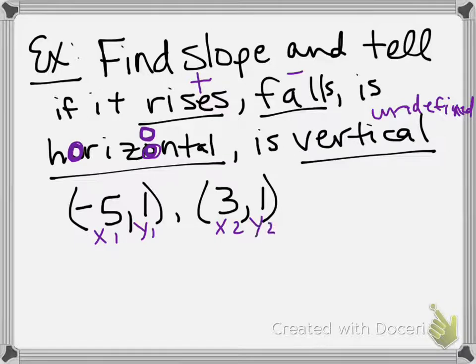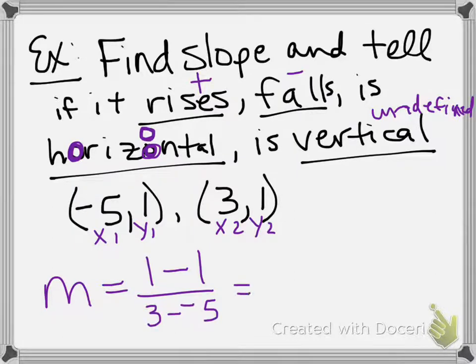and y2, when I plug into my slope formula, I have 1 minus 1 divided by 3 minus negative 5. So 1 minus 1 is 0. 3 minus negative 5, 2 negatives makes a positive, so this becomes 3 plus 5, which is 8.